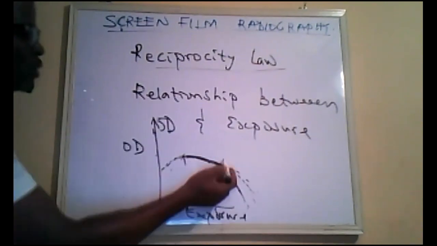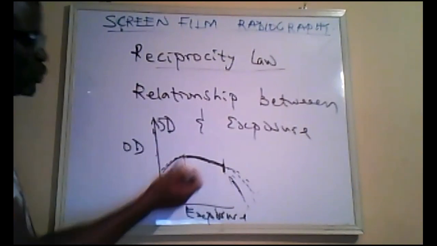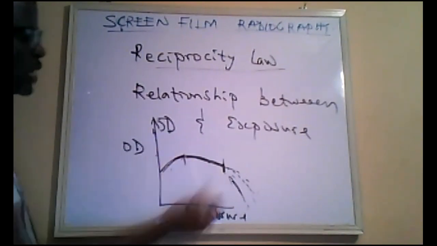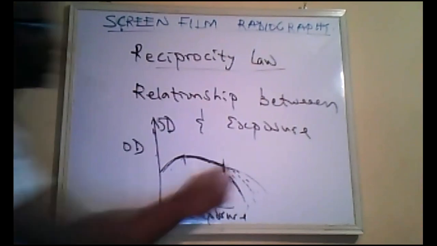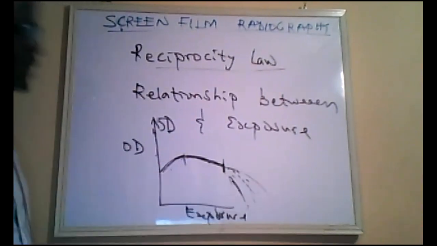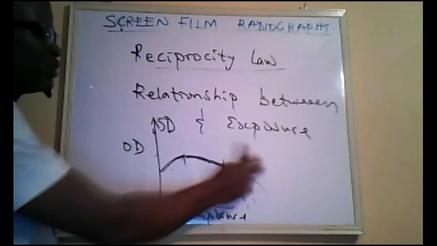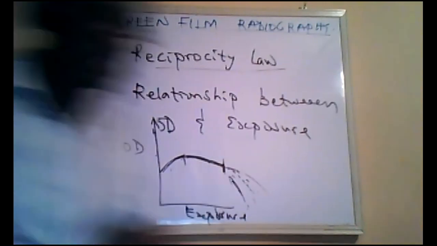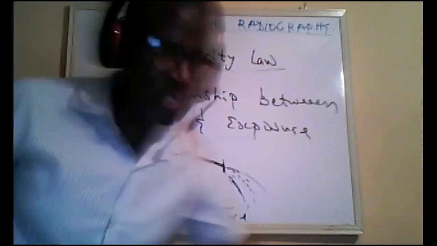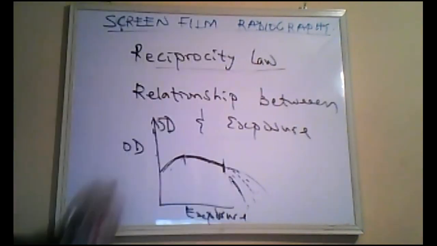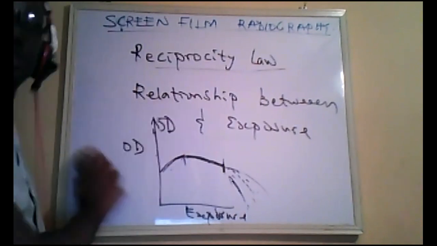So that tells us that we shouldn't go too low in exposure, and we shouldn't go too high. This is a kind of quality assurance for us, telling us not to go beyond here and not to go beyond here. If our graph shows we have gone beyond, all we need to do is go back and look at what we have done. What have we done wrong for us to have this type of graph? This is used for checks during quality assurance.